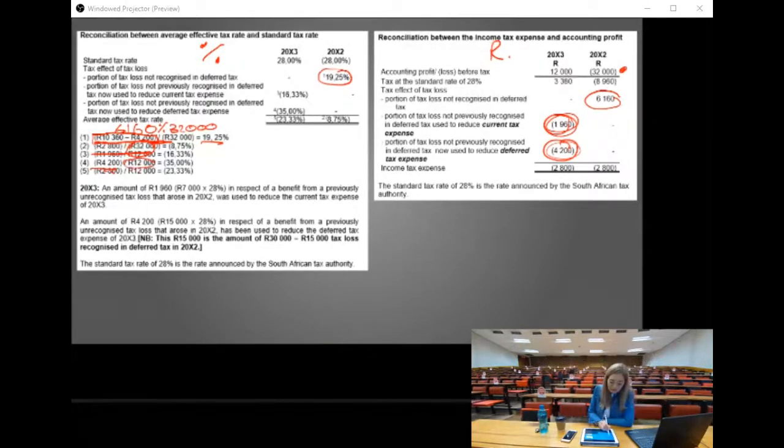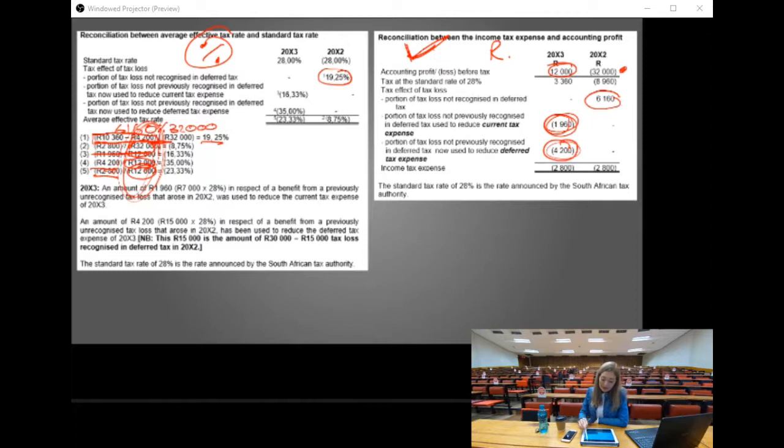There's the 4,200, and in the current year now it will be 2,800 divided by 12,000. That's why I say if we don't force you to use the percentage method, then go and do the rand method, because the percentage method has this additional calculation for every line item, and there's also additional disclosure that you have to do.